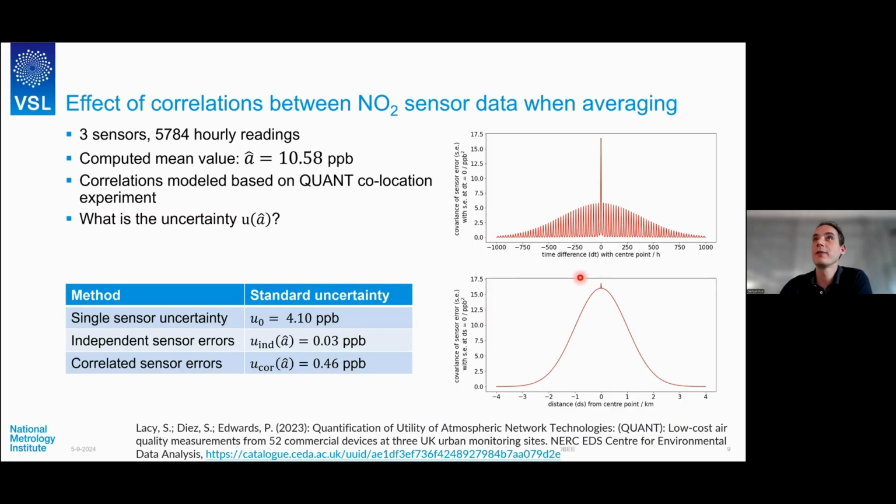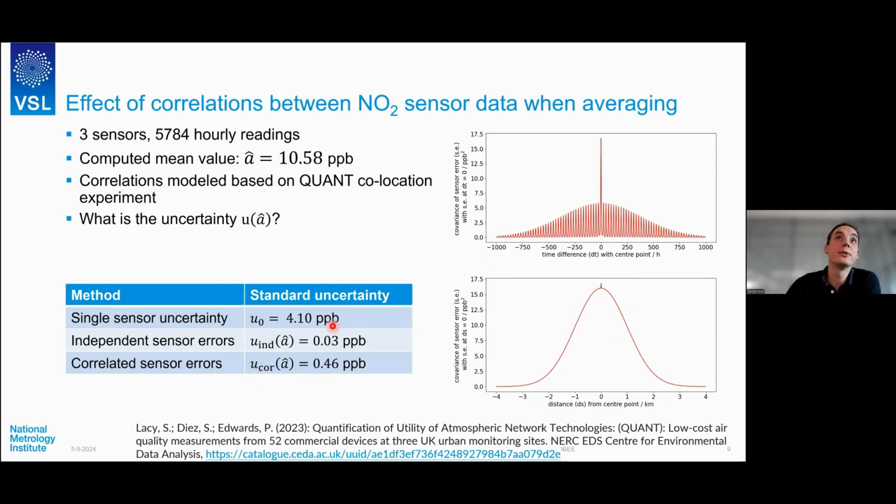We just saw that the 3 sensors had very similar errors when collocated, so they were not really independent. And then we just put a typical number of 1 kilometer for how we expect the correlation to diminish if they are at more distant locations. But that was just an estimate we made.